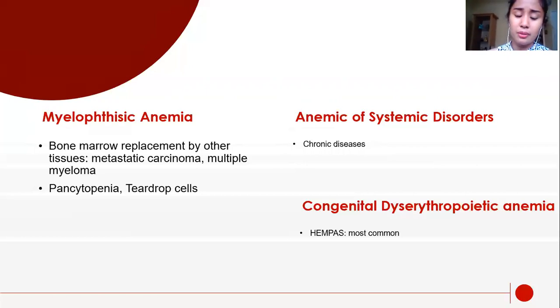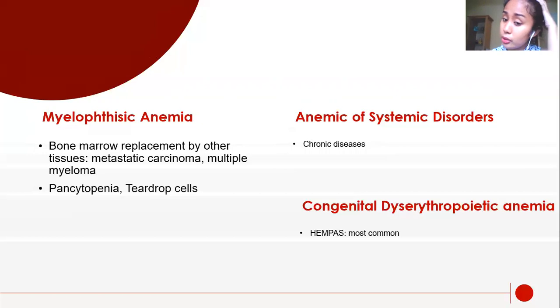So yan. Myeloproliferative anemia can also result to pancytopenia and teardrop cells. Since your red blood cells are squeezed out of the bone marrow, yun, teardrop cell. We have anemia of systemic disorders, yan, basahin nyo lang yan, and congenital erythropoietic anemia.